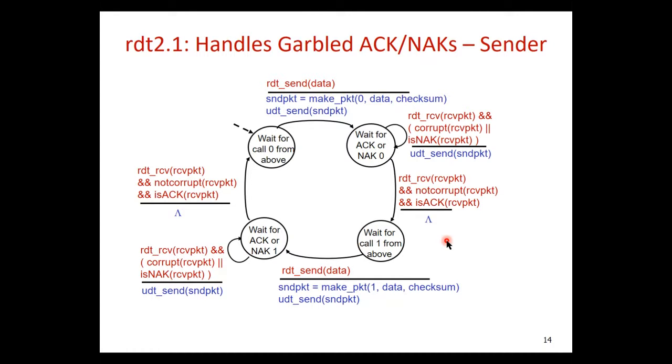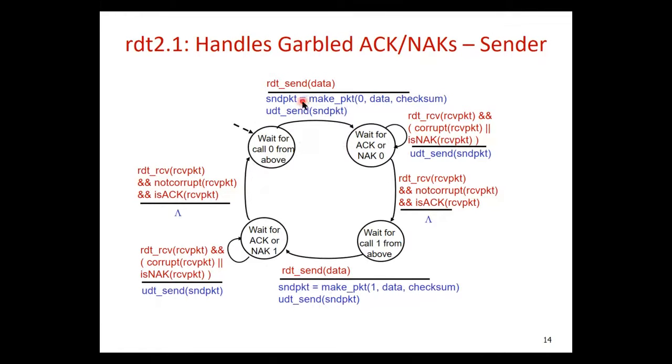In the simplest case, we can just use 1 bit for the sequence number. So we may start, for example, with the first packet being 0, the next packet 1, the third packet 0, the fourth packet 1, and so on. Essentially it's a counter, but it's a 1-bit counter. So it will be 0, 1, 0, 1, and so on.